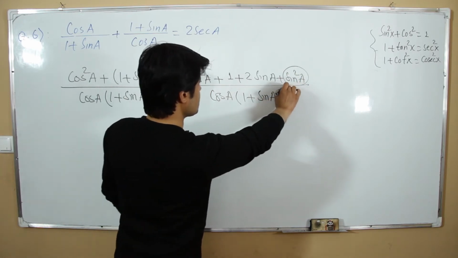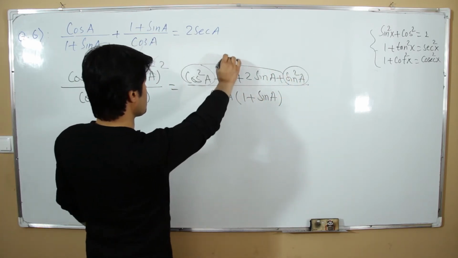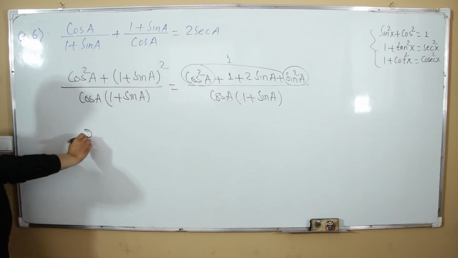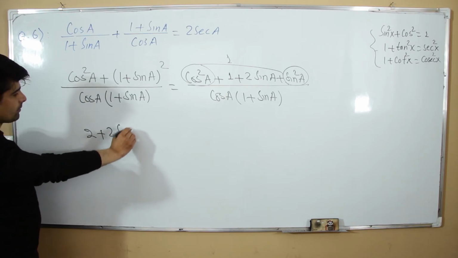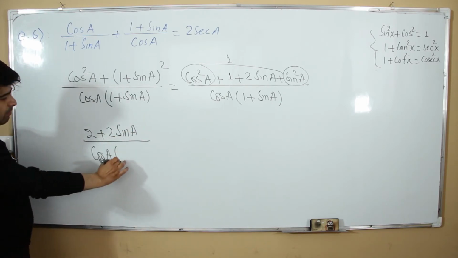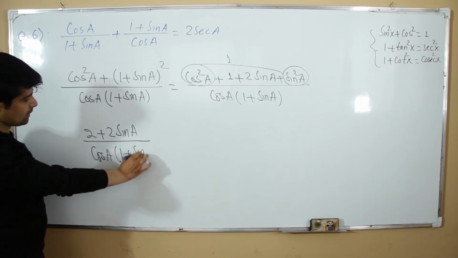Now this sine square with this cosine square, it is 1. 1 plus 1 is 2, plus 2 sine a, divided by cosine a multiplied by 1 plus sine a.